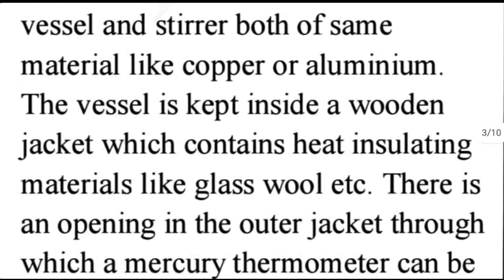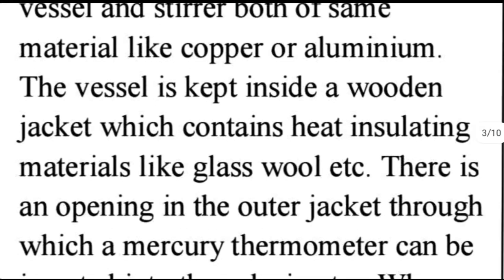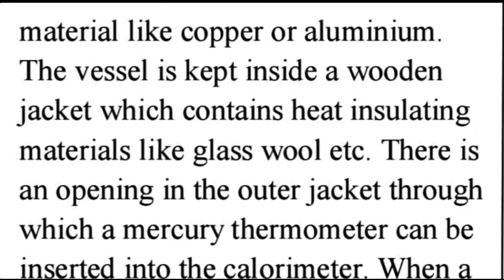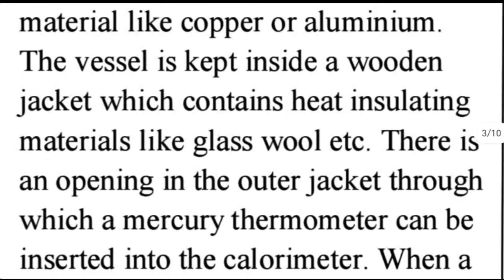And the vessel will be kept inside a wooden jacket which contains heat insulating materials like glass wool, etc. This heat insulating material we use in order to make sure that no heat exchange is taking place between this calorimeter and the surroundings.